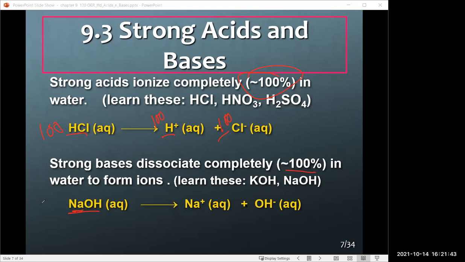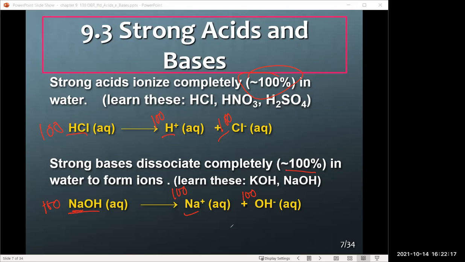So the same scenario here: if I have 100 units of sodium hydroxide, 100 molecules, when they break up I'm going to get 100 of the sodium ion and 100 of the hydroxide ion. 100%. That is why we are talking about strong acids and strong bases, because they completely dissociate.